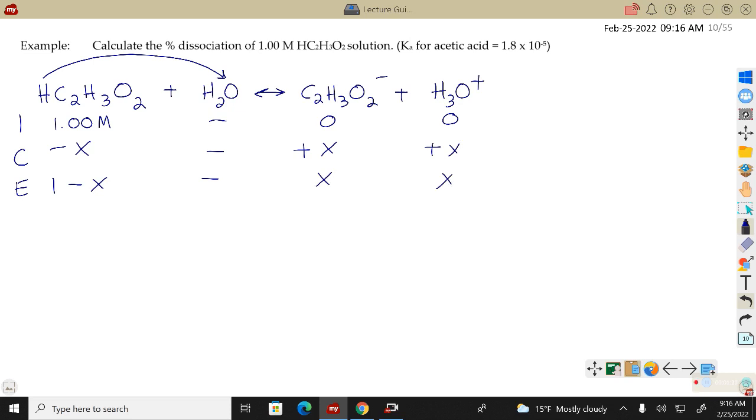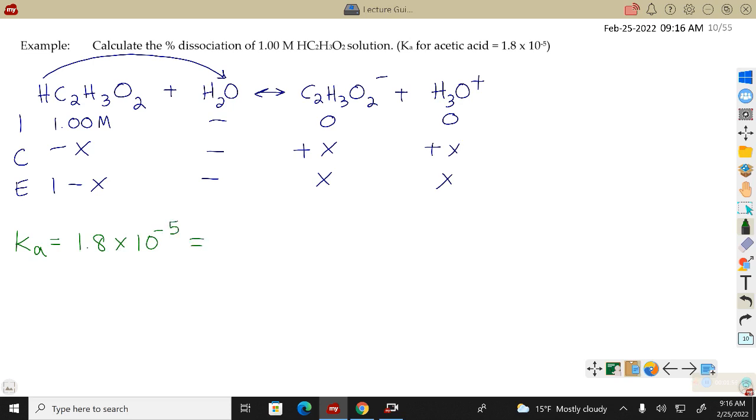Okay, so eventually x will be used to calculate my percent dissociation. But I've got to figure out what x is, and I can do that as long as I've been given the Ka. So let's see what we got here. The Ka is 1.8 times 10 to the negative 5th.